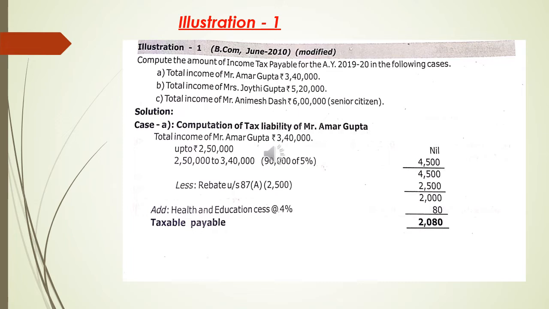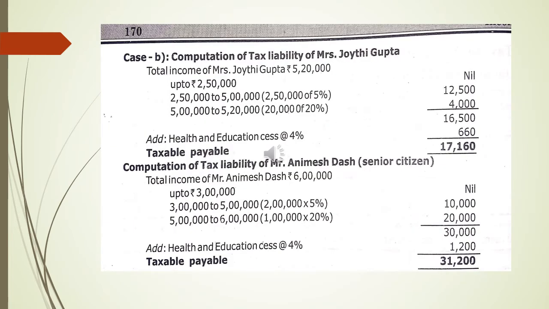After giving the rebate, now you have to add 4% of education cess. 4% of what? 4% of rupees 2,000. That comes to 80 rupees. So now your total tax payable is 2,080 rupees. I hope you have understood in the first case how we have calculated the tax liability. Look at the second case, Mrs. Jyoti Gupta. Her income is 5,20,000.